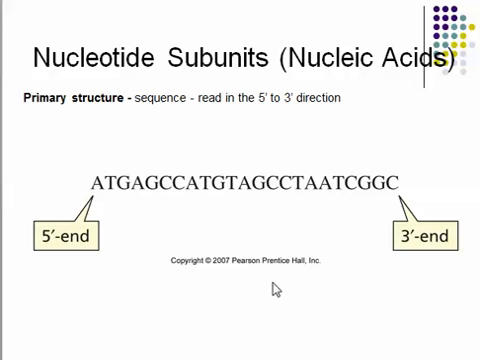All right, so with this 5' to 3' end, this is what we refer to as the primary sequence of the nucleic acid. Very similar to the primary sequence when we talked about amino acids and proteins, right? We said amino acids hook up and the order in which they hook up make the primary sequence of the protein. The same thing happens here.